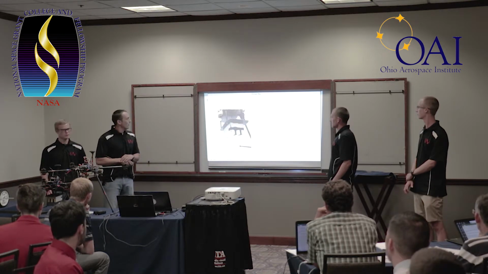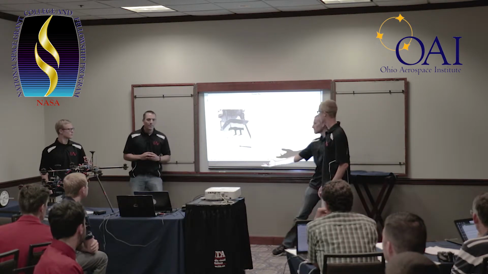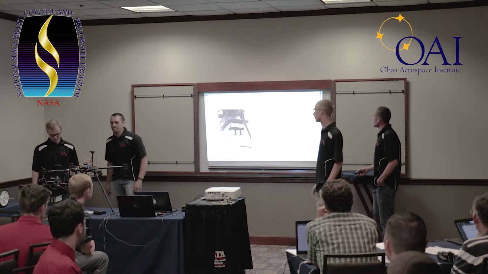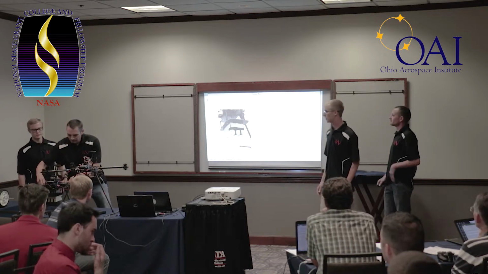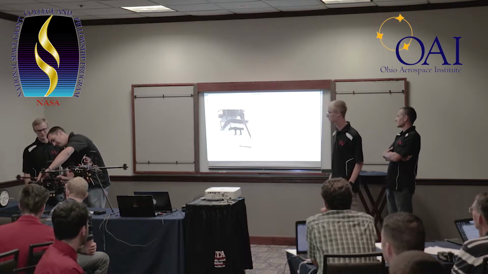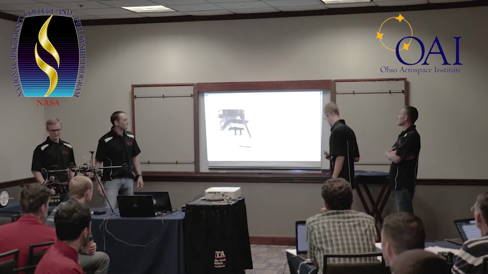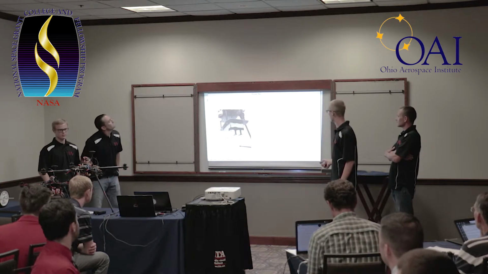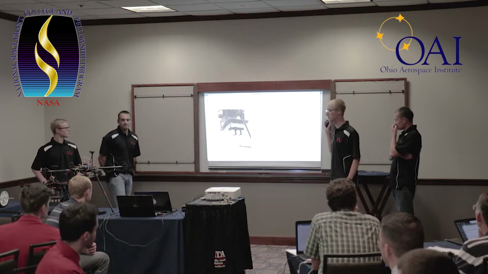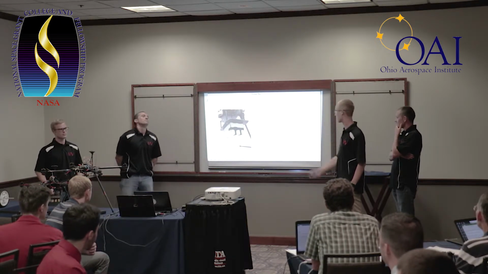All right, so here, talking about the competition-specific requirements, we had to have a payload bay on the vehicle. We designed a small wooden box to carry the payload, and you can see right here the side and the bottom both open up so that we can easily insert the payload as well as take the payload out, as well as mount the box.